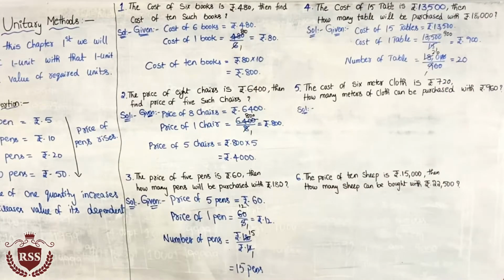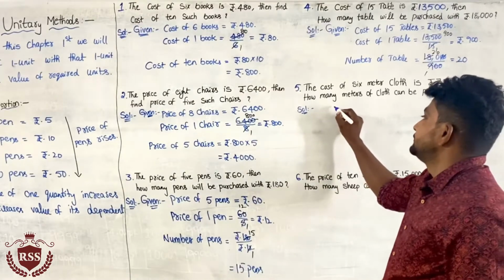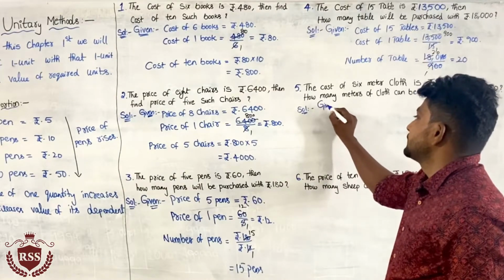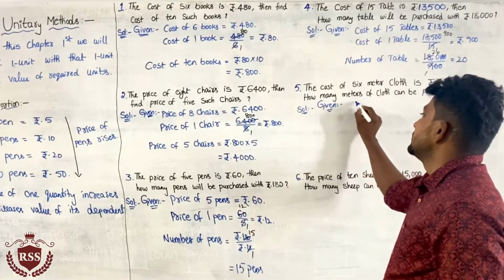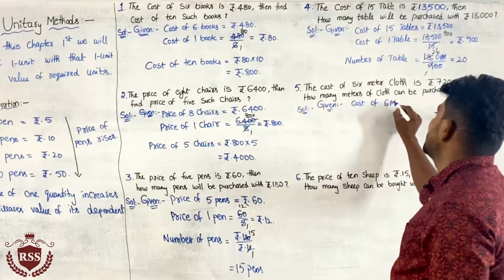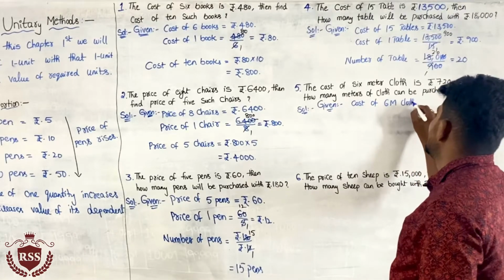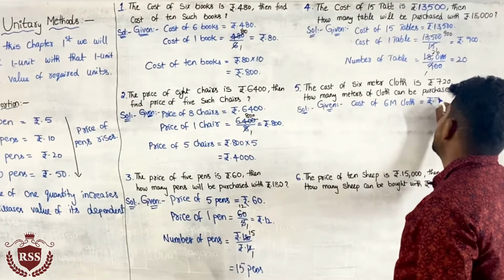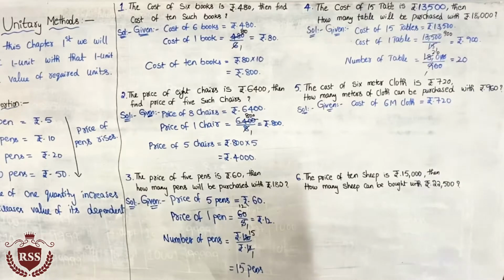The cost of 6 meters of cloth is rupees 720. What they have given: the cost of 6 meters of cloth is rupees 720.